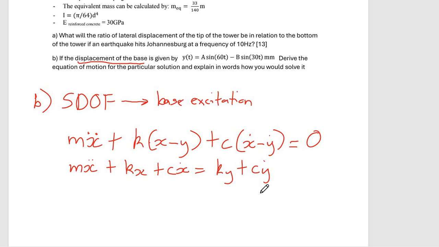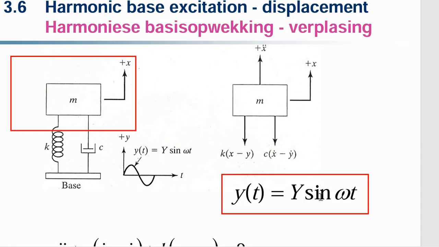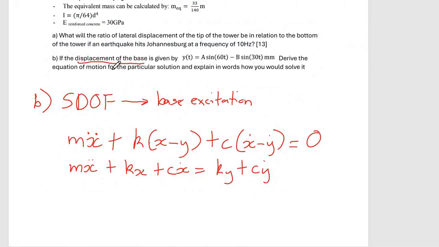For harmonic excitation, if not given, we assume a solution of y equals sine omega t. But in this particular question, we are given that the solution is y(t) equals A sine 60t minus B sine 30t millimeters. So we are given this solution.